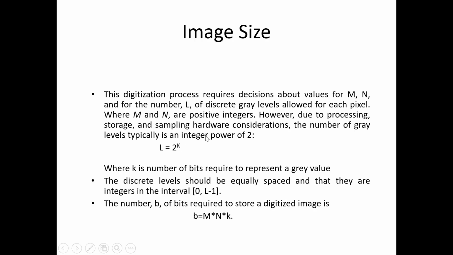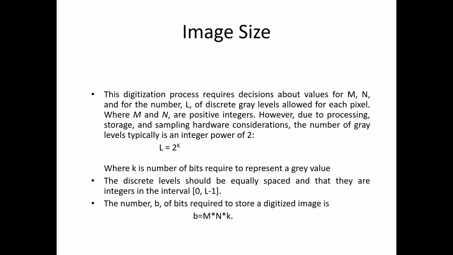So remember this formula, L equal to 2^k. K is what? K is the number of bits required to represent a gray value. Gray value means intensity value, pixel value.